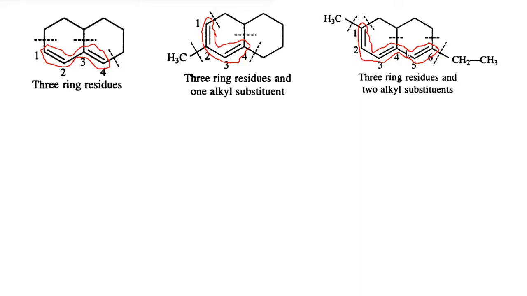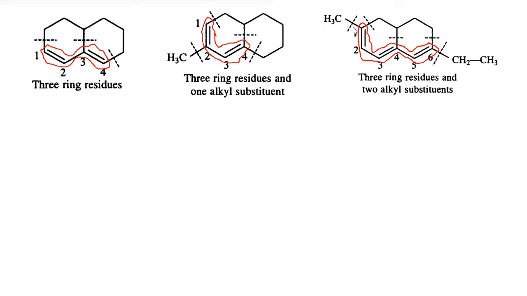When this conjugated system is taken into consideration, we will have this many ring residues and alkyl substituents. For example, there are two alkyl substituents present, denoted by these dotted lines, and also three ring residues present, denoted by these dotted lines. These ring residues are connected to our system, and hence there are three ring residues and two alkyl groups present in this molecule.